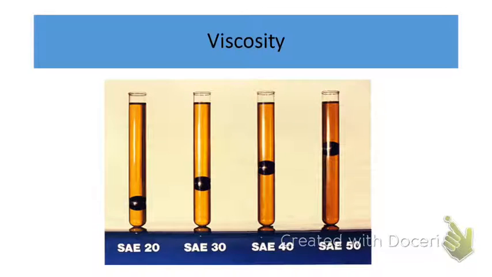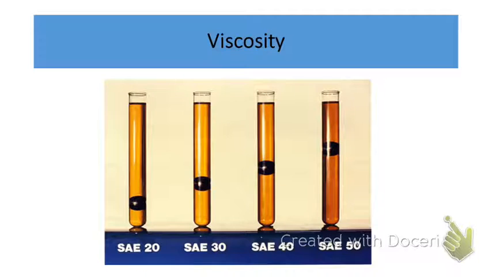All right, a way to measure viscosity is to use a steel ball usually, and in this case we have 4 different liquids, probably oils of some sort, and each one of them is in a test tube. We add a steel ball to those test tubes, and the faster the ball flows through the liquid, the less viscous it is.